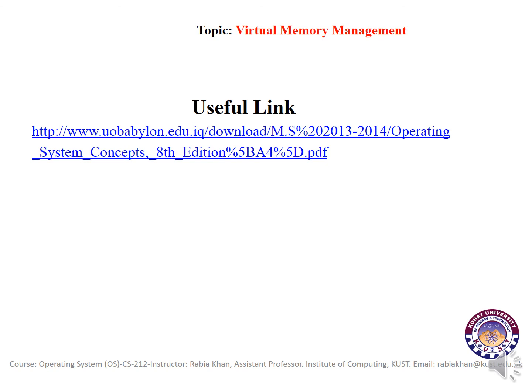We also have learned how protection can be provided on pages and segments. So I hope you have understood this concept. We will discuss some more concepts related to virtual memory in the next chapter.